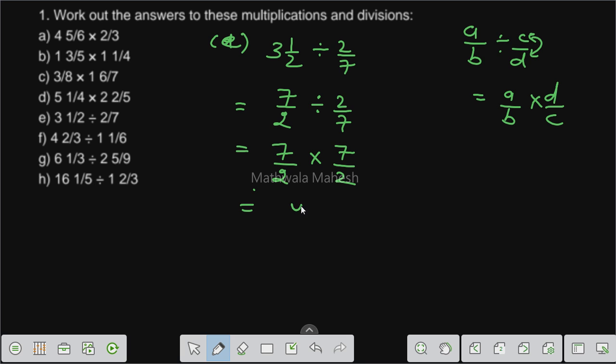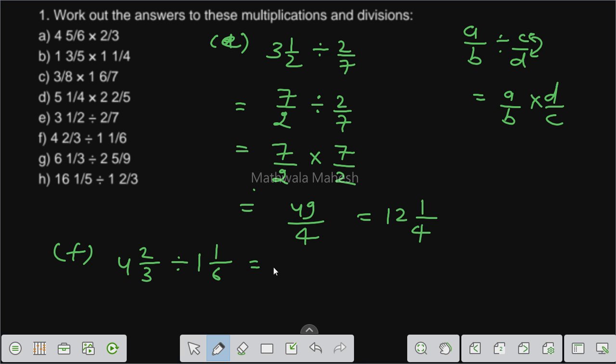7 into 7 is 49 upon 4, and we can write it as 12 and 1 upon 4. F: 4 2 by 3 divided by 1 and 1/6.